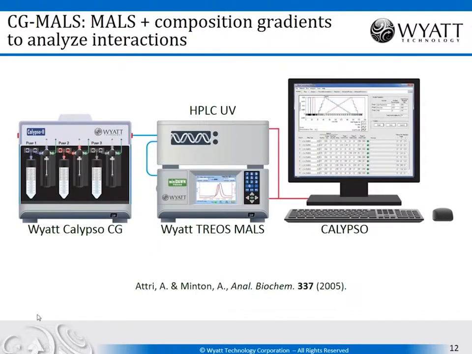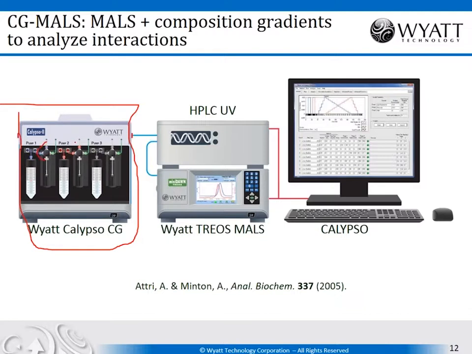Next, I'd like to tell you about CG-MALS, which is the combination of multi-angle light scattering with a composition gradient system, and that's used to analyze interactions. This uses the same multi-angle light scattering detectors as SEC-MALS and also the UV detector, typically from an HPLC system, but it replaces the HPLC system, which feeds the detectors with a separated sample, with the CALYPSO composition gradient system.